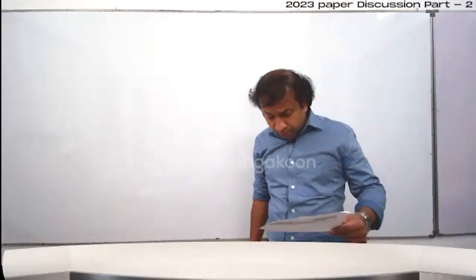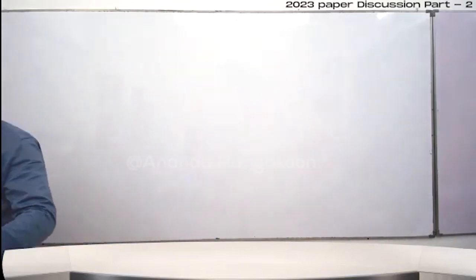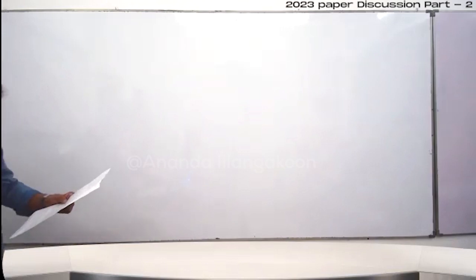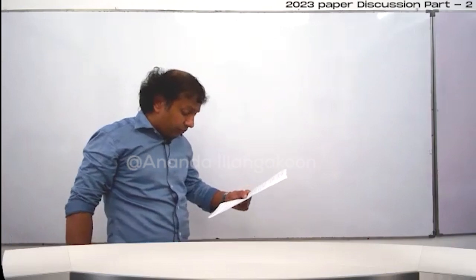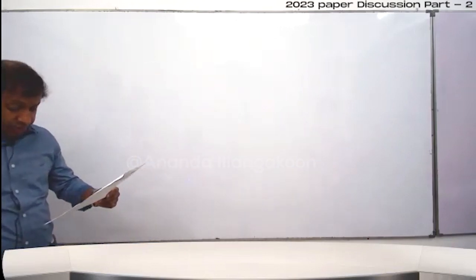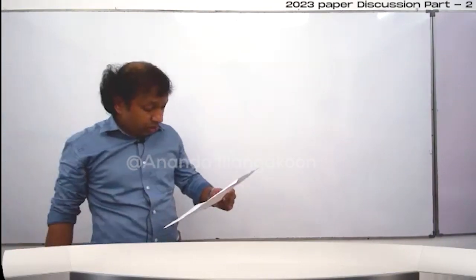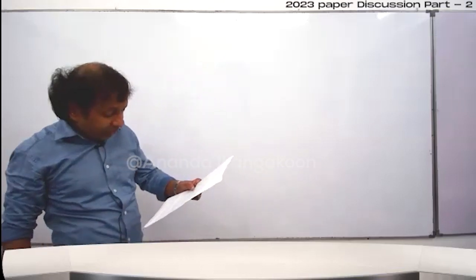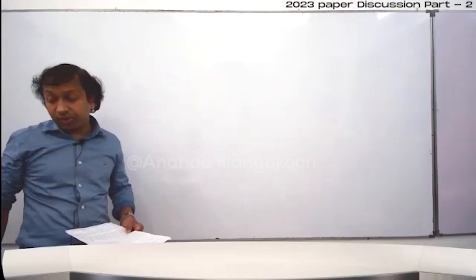A uniform rod of length L and of weight equal to that of the ball rests partly inside the ball. At the position of equilibrium, the base of the hemisphere makes an angle alpha with the horizontal. The part of the rod inside the ball subtends an angle 2 beta at the center of the ball. Show that L is this answer, and first that the reaction R on the rod at the rim of the ball is this. We'll see.